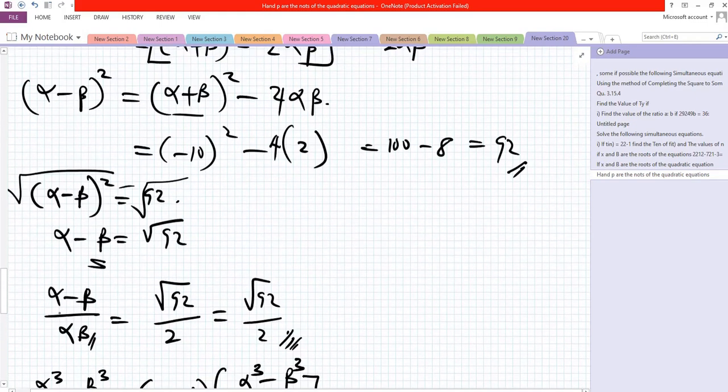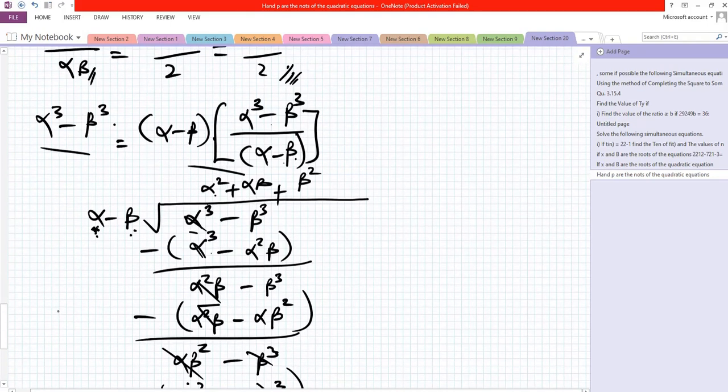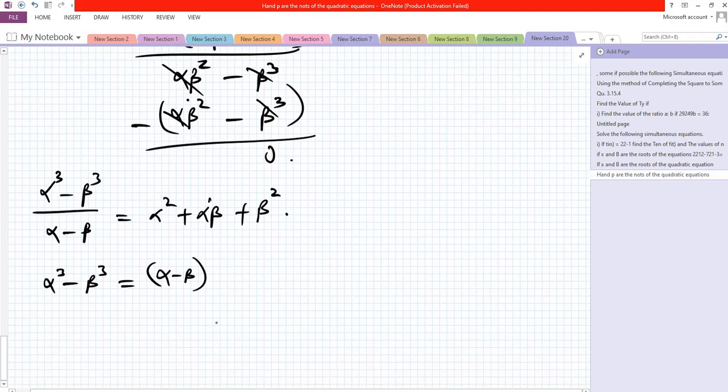So now substituting this into this equation, we know that alpha cube minus beta cube is equal to alpha minus beta times alpha cube minus beta cube divided by alpha minus beta.